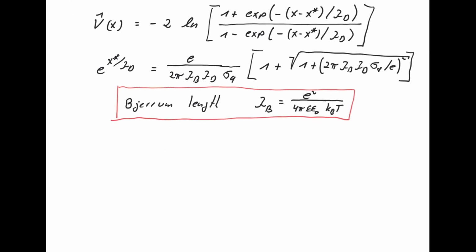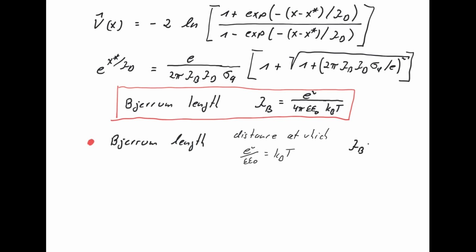Hence the Bjerrum length is just a fixed length scale, the distance at which e squared divided by epsilon 0 times 1 over r is equal to kBT. Now the Bjerrum length is 0.1 nanometer.